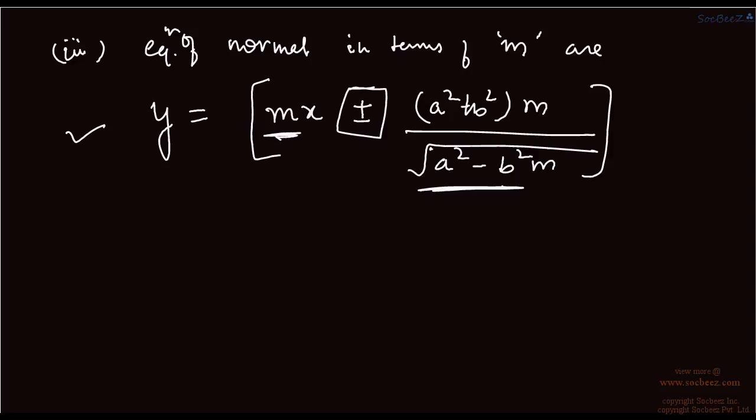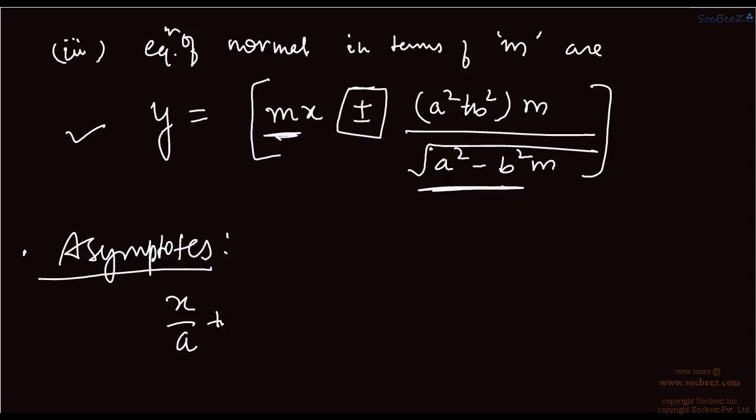Now we'll see the asymptotes for the hyperbola. Equation of asymptotes: x by a plus y by b equals 0 and x by a minus y by b equals 0.